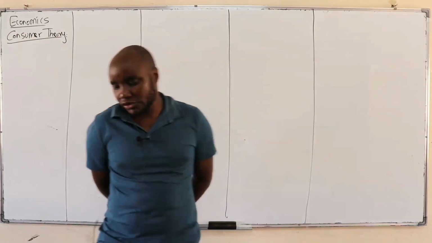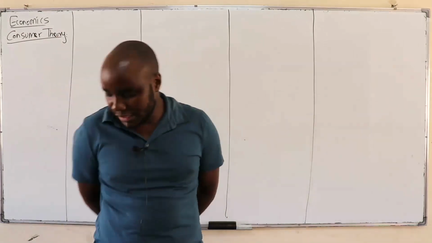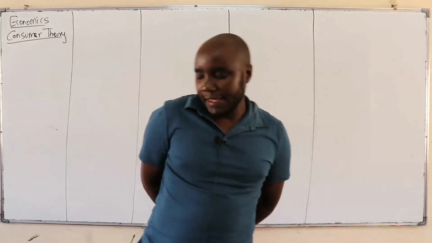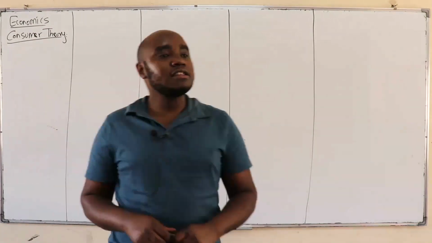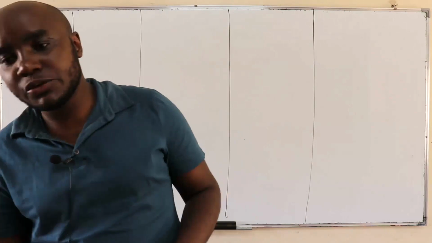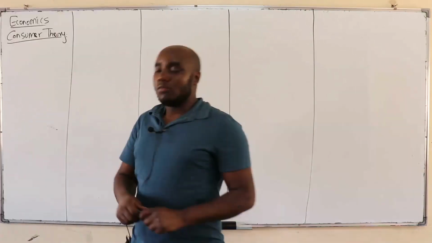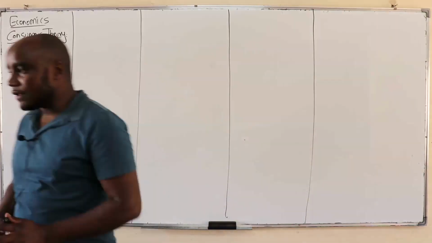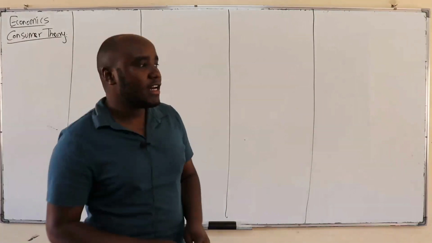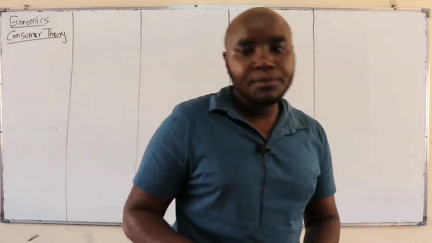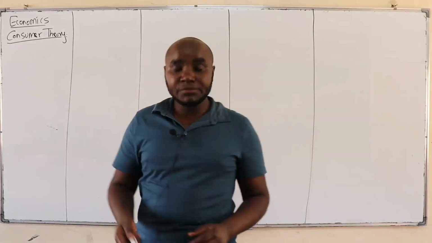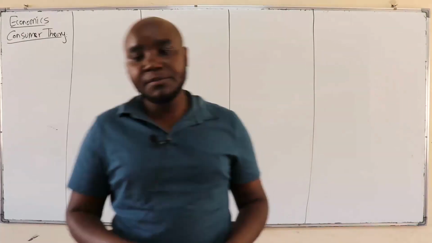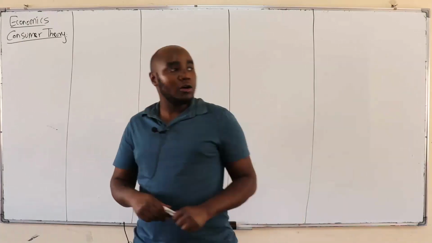We also talked about the marginal utility being constant. Utility is the satisfaction derived from consumption of a given commodity, and marginal utility is the extra satisfaction derived from consumption of an extra unit of a commodity.